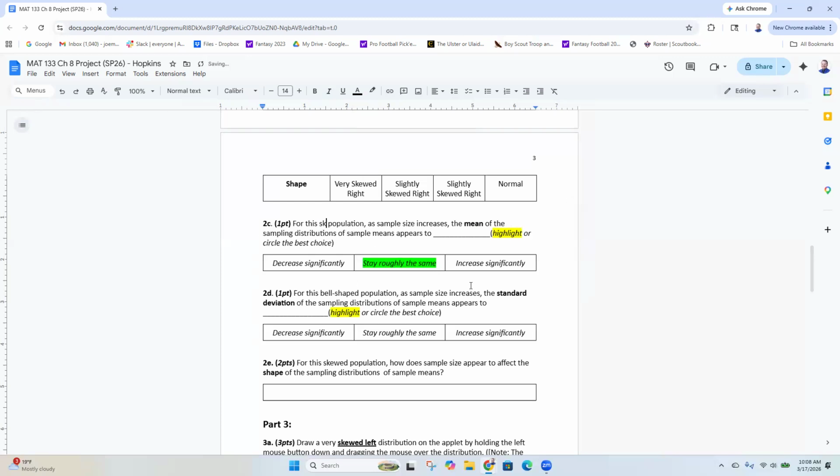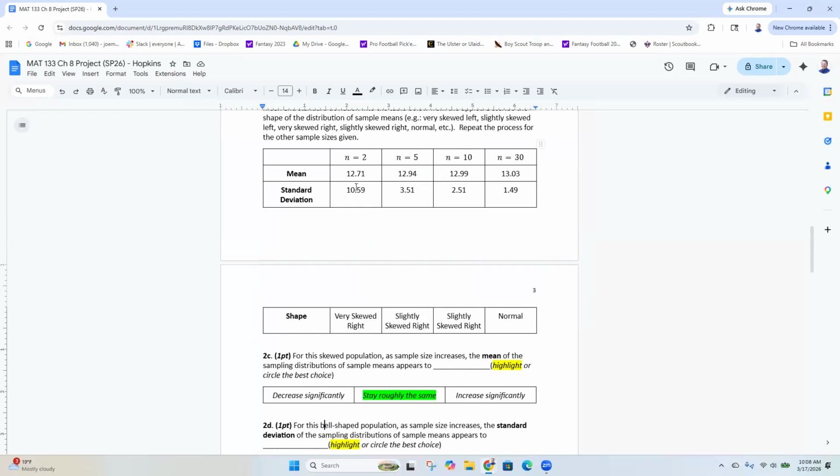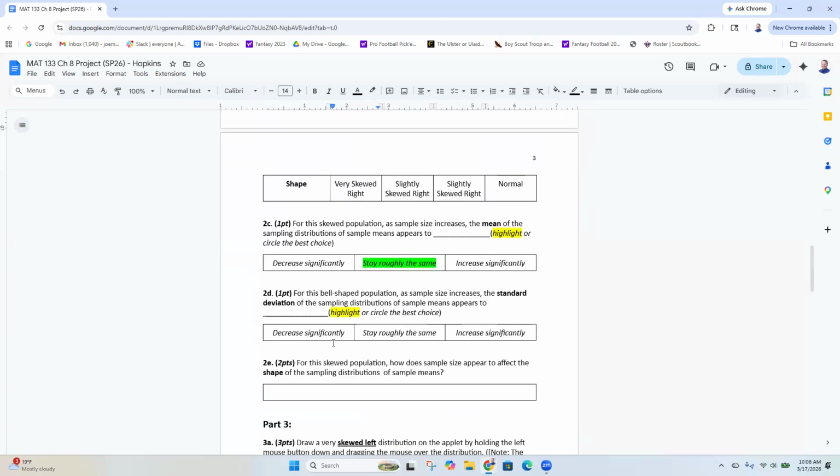Ah, this is annoying. Sorry. For this skewed population, all right, well, we got to change that. For this skewed population, as sample size increases, what happens to your standard deviation? My standard deviation went down from 10.5 all the way down to 1.5.